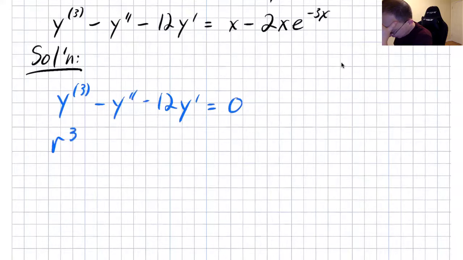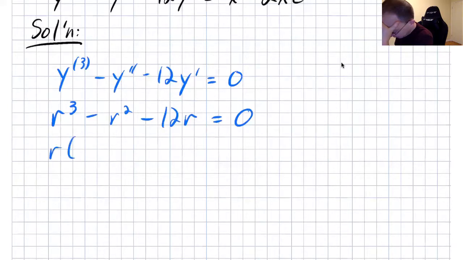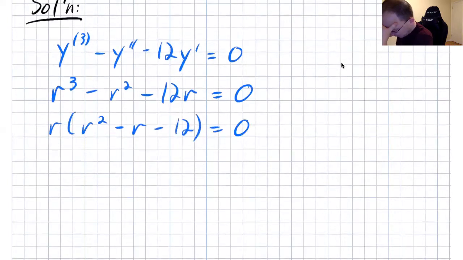There it is. We write out the characteristic equation. And there's no y term, so we're done there. And then we solve it by factoring. Factor out an r.